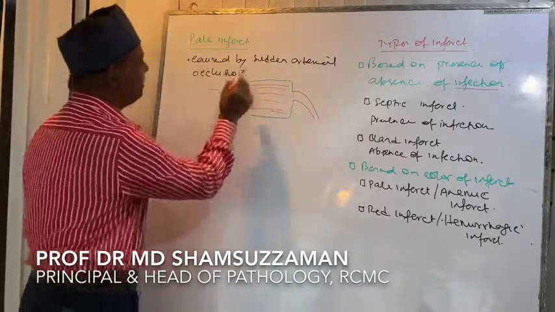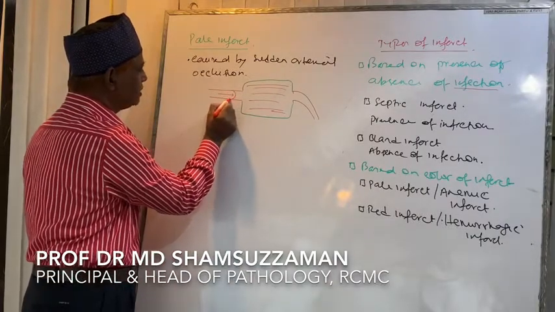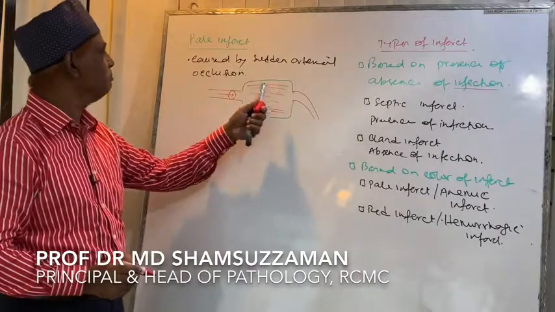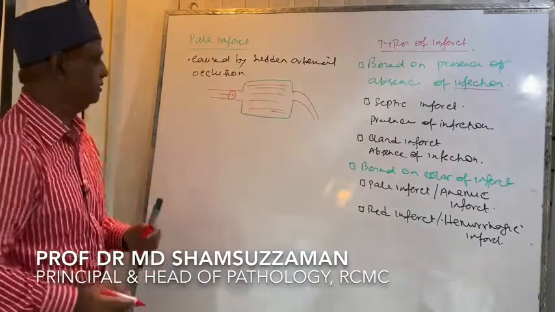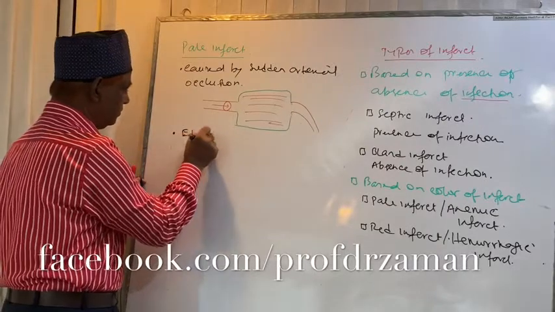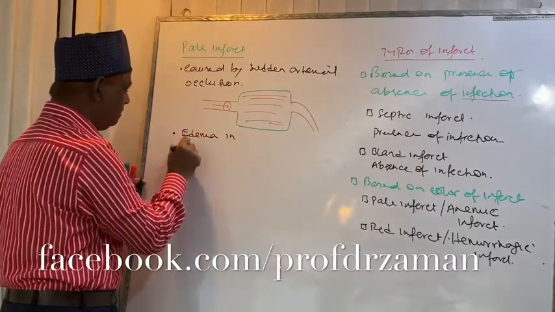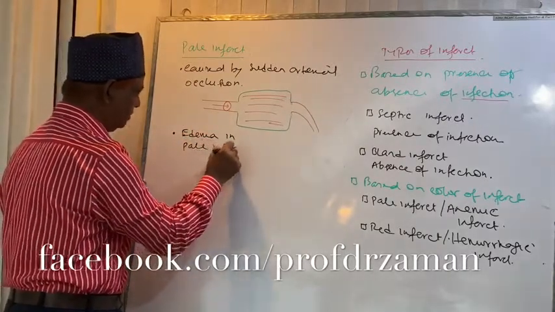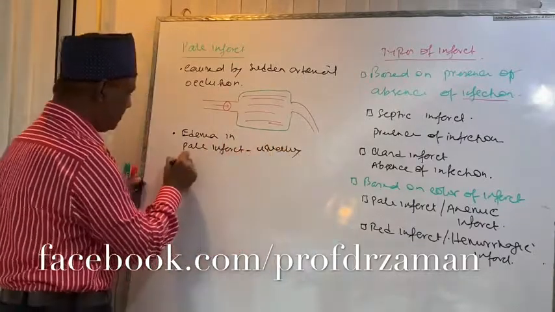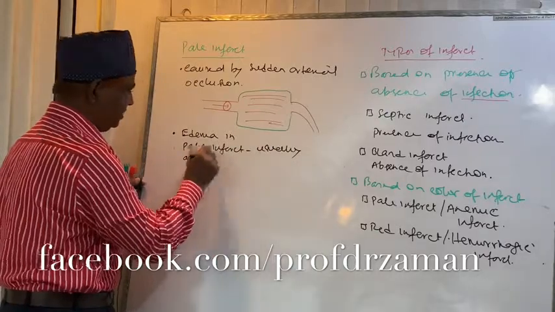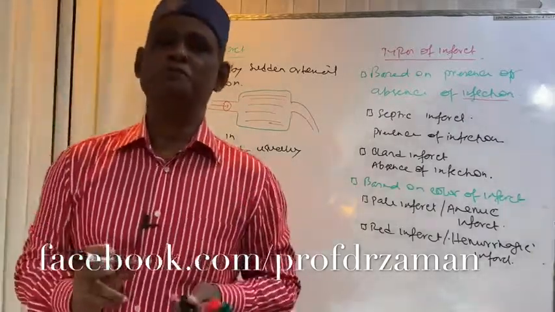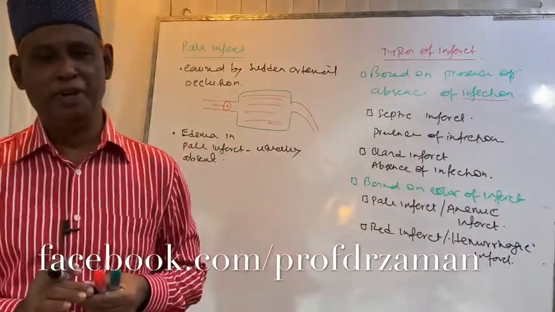Dear audience, again, if this is the arteriole and this is the tissue and this is the venule, these are the capillaries. If there is sudden arterial occlusion, no blood enters the tissue, so the tissue becomes pale in color.